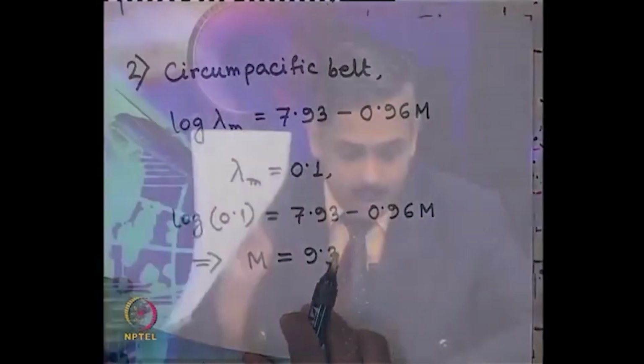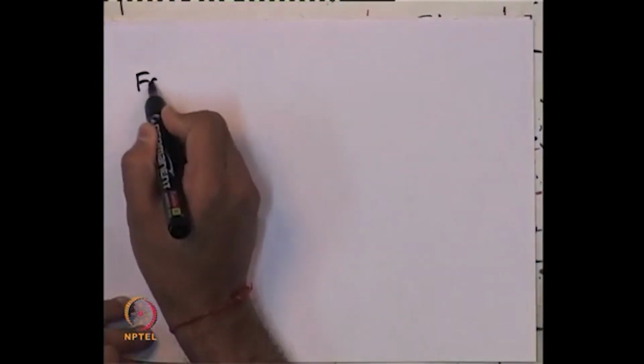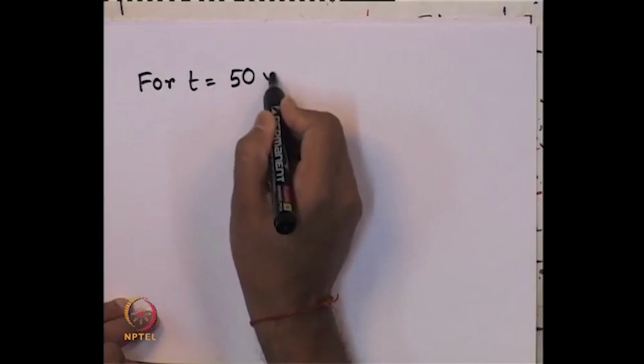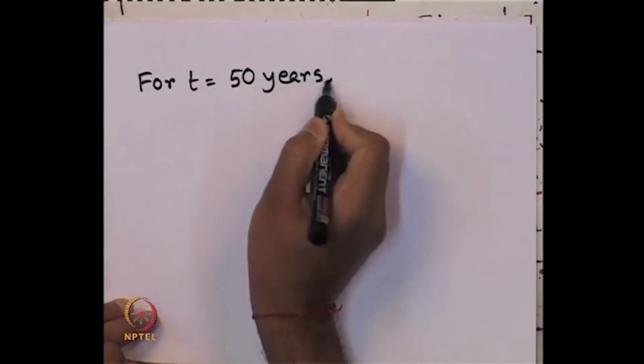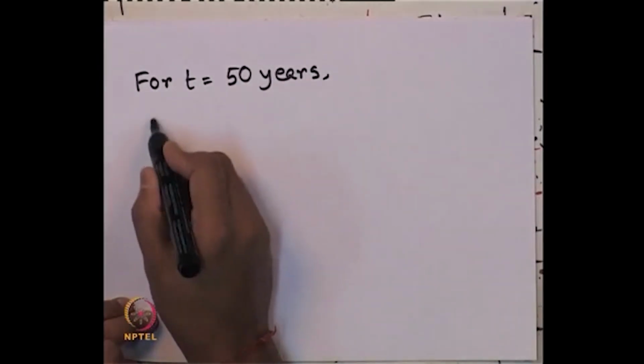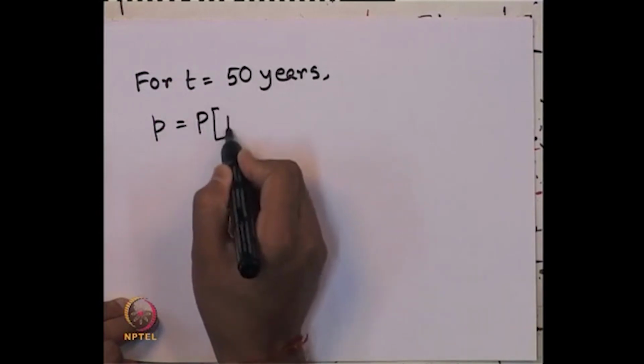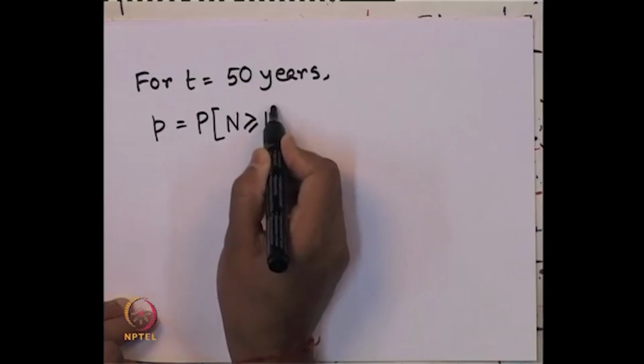Fine. Now, the next part is for t equals 50 years. In a similar way as we have solved for problem number 1, that is, at least one event will occur.